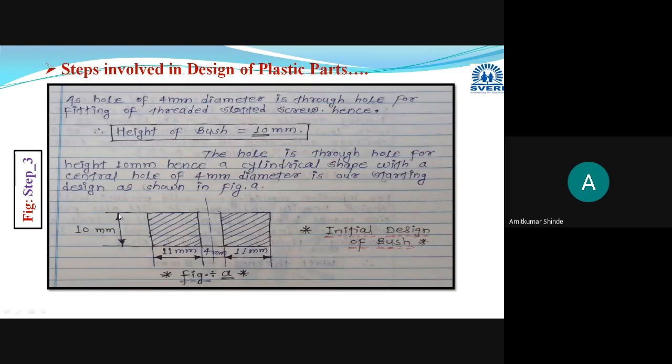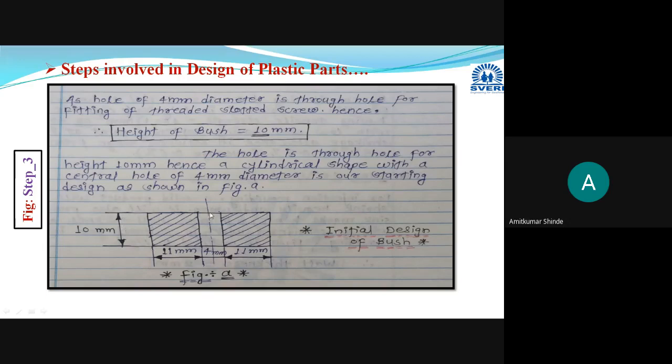Now depending on the given initial conditions, the bush is there, and at the center of that bush we are going to fit a screw having 4 millimeter diameter. Then this is the initial design of the bush. 10 millimeter height, 26 millimeter diameter, and at the center one through hole is there, having 4 millimeter diameter and 10 millimeter length.